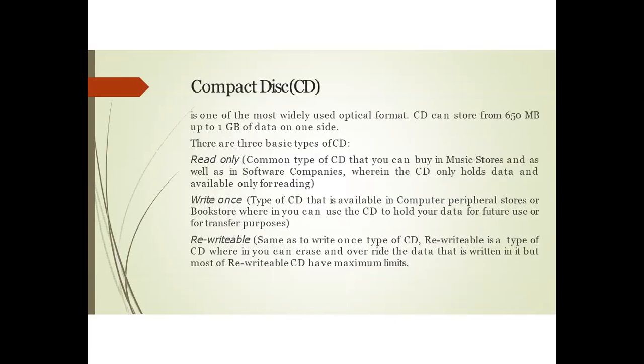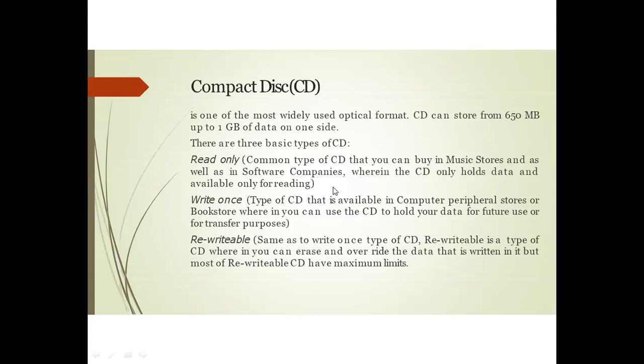So the compact disc is one of the most widely used optical formats. A CD can store from 650 MB up to 1 gig of data on one side. There are 3 basic types of CD. We have the read-only, the common type of CD that you can buy in music stores and software companies, wherein the CD only holds data and is available only for reading.